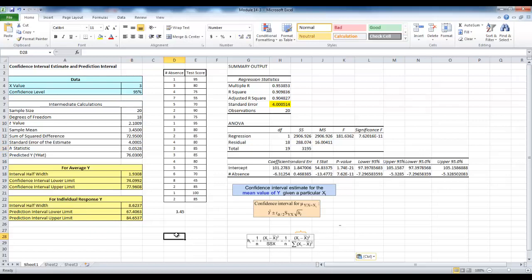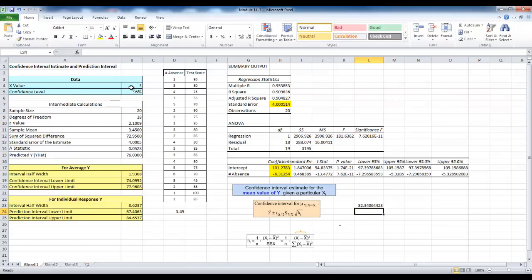Now we are done with the h statistic, and now we need to find the predicted Y value. The way we find this value, remember, is using these two numbers, the intercept and the slope, from the regression line. So this equals intercept plus slope times number of absences, which is 3, so I put B4.